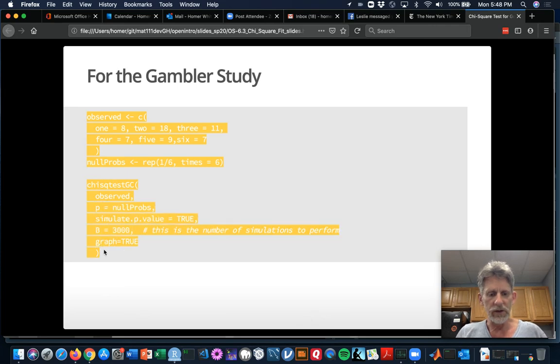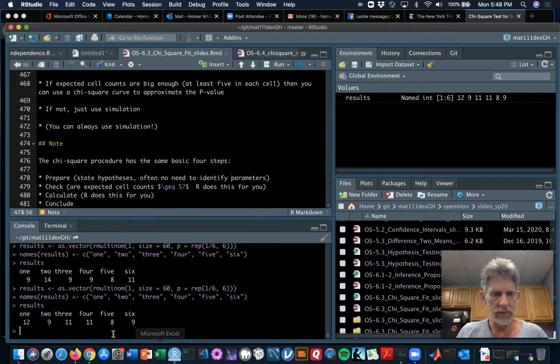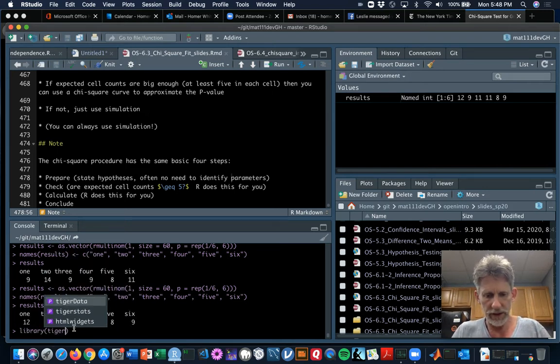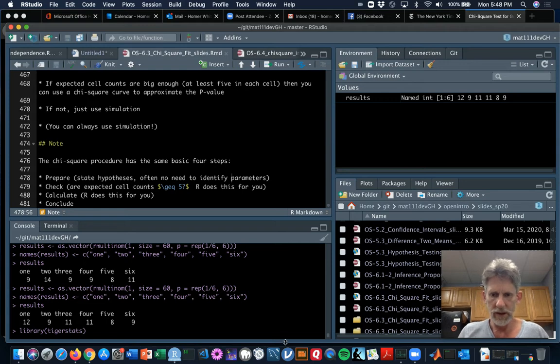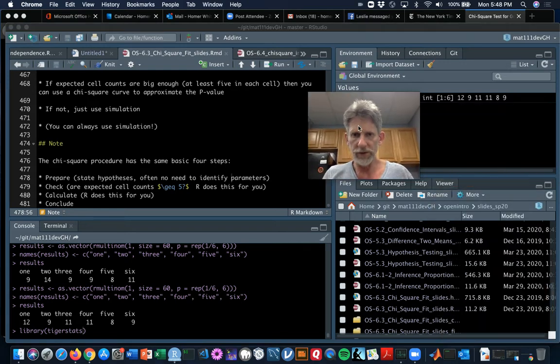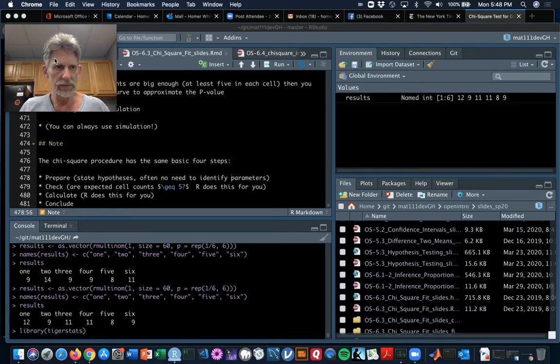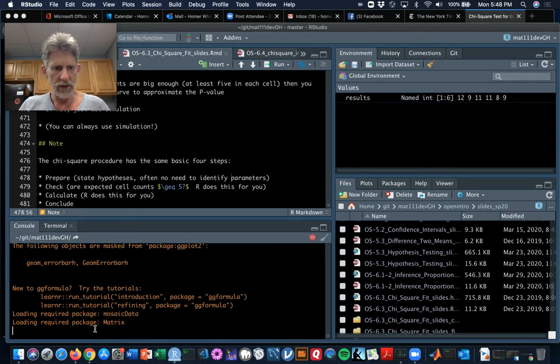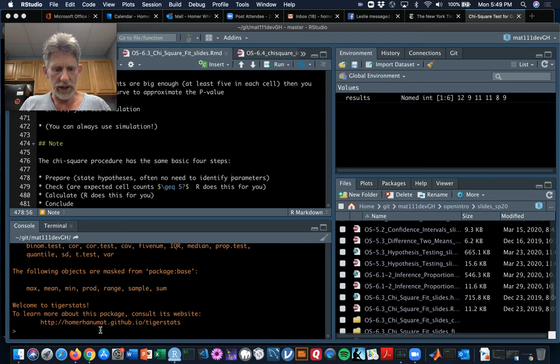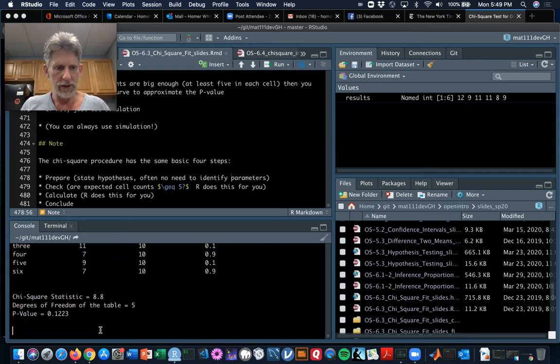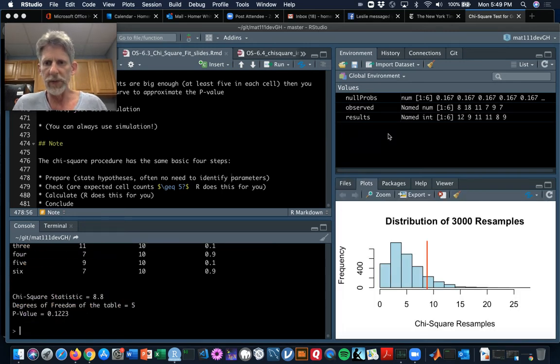So let's give this a try here in RStudio. And I think I might need to library TigerStats, so I'll get that done. And I think I want to move myself somewhere else. Okay, now I'll enter the code. And lots of stuff happened.